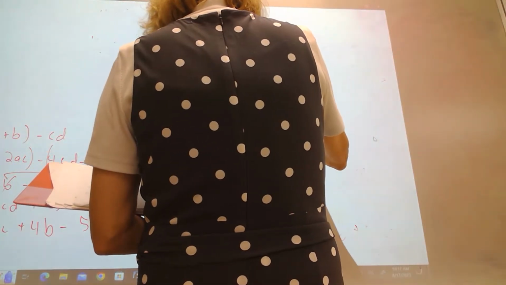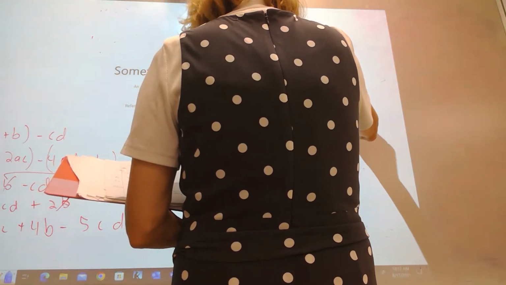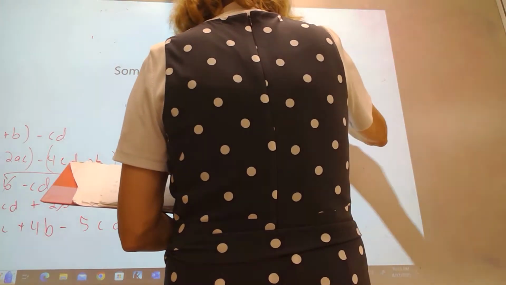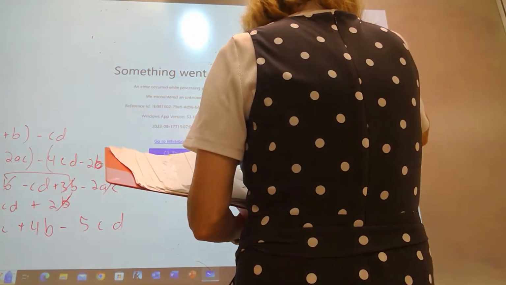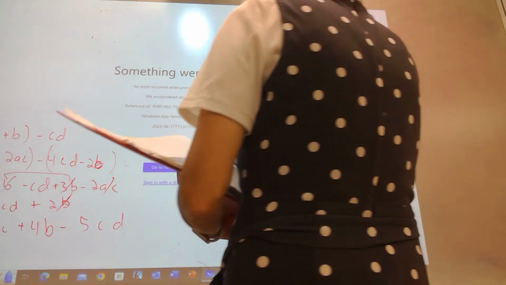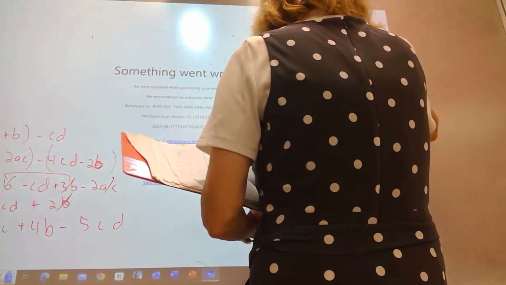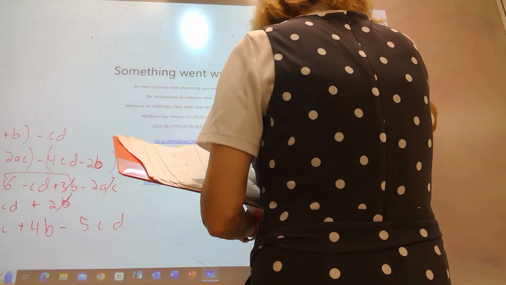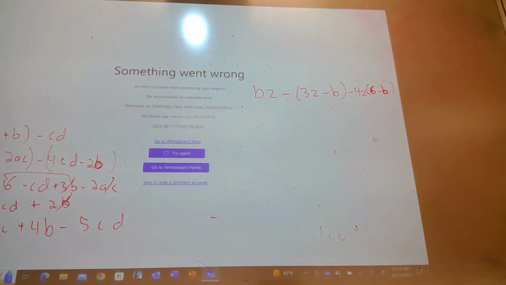Okay, so BZ minus 3Z minus B in parentheses, you have to distribute that negative. Minus 4Z times 6 minus B. Okay, we're going to have to multiply that minus 4Z times 6 and the minus 4Z times B. Now my 6 kind of looks like a B. This is a 6 and this is a B. So first distribute that negative.